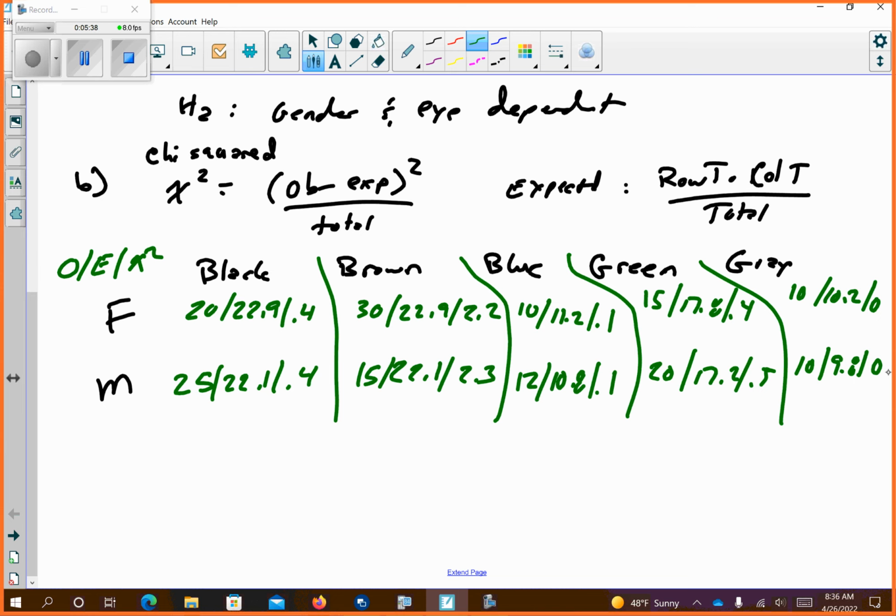And then chi-squared, yeah. How did you get a different chi-squared value for black and brown when all the values are the same? So black and brown, but the totals are the same, the row total and the column totals are both the same. So how did you get a different chi-squared value?